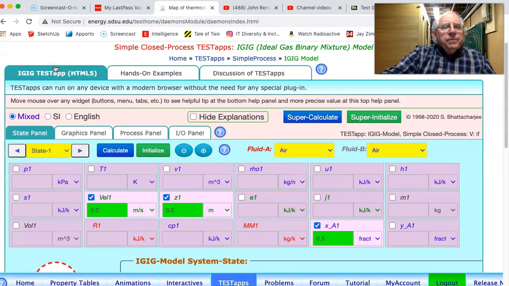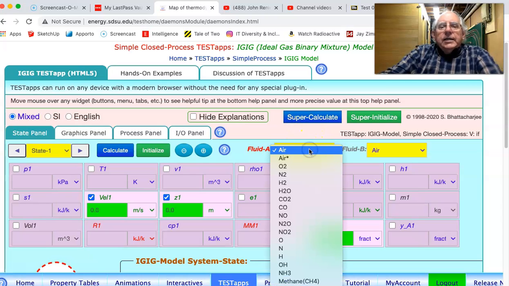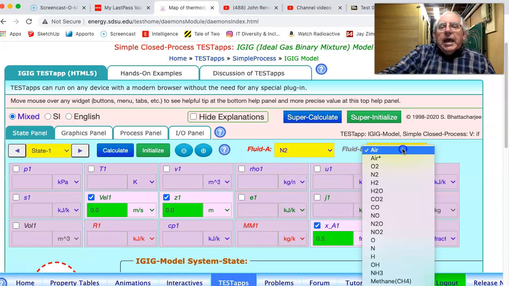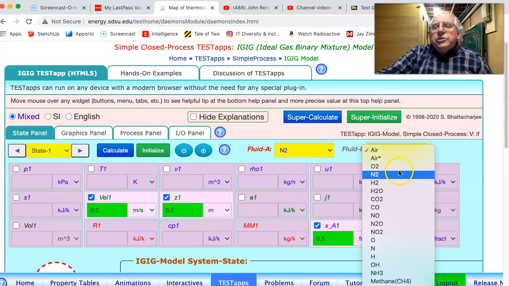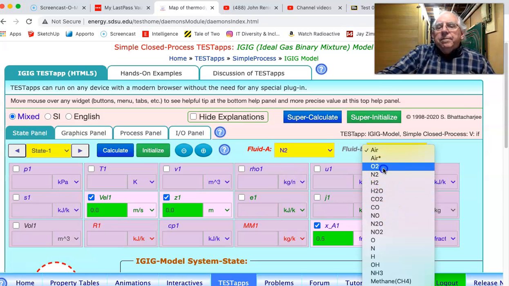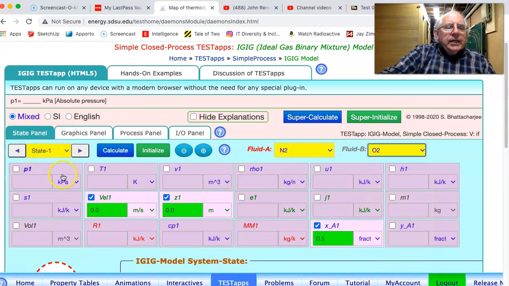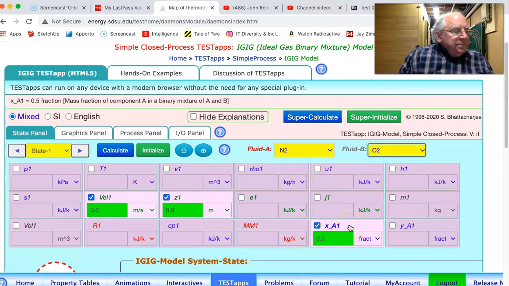We'll come in here. Again, our initial state is going to be the state of having nitrogen as gas A, and oxygen as gas B. And in our first state here, we can say that the amount of mass is 10 kilograms and 10 kilograms.